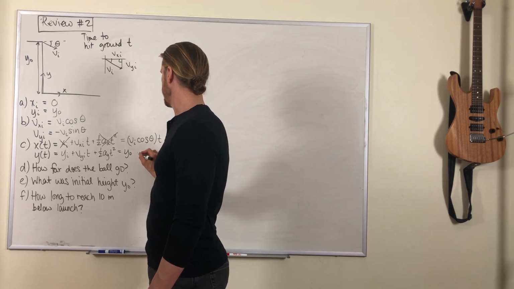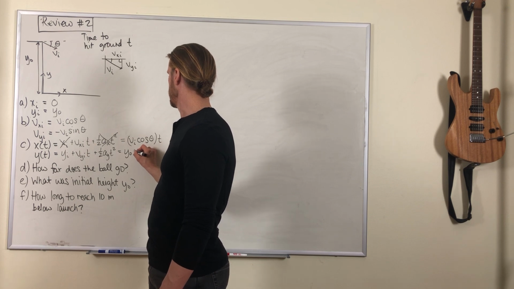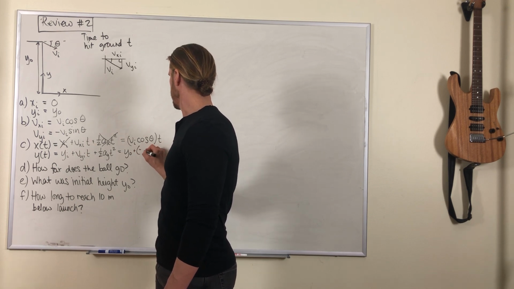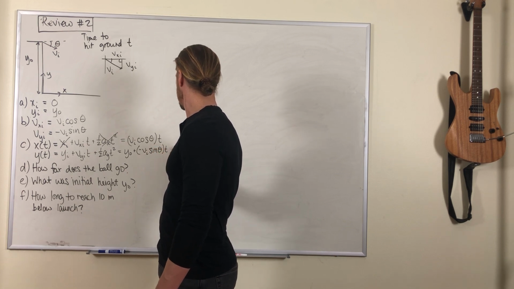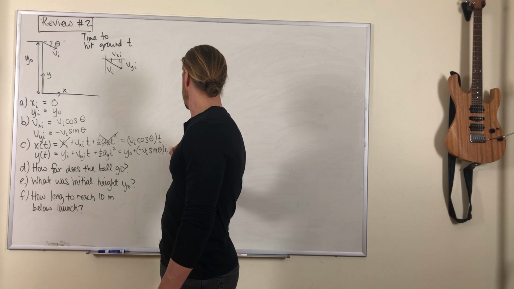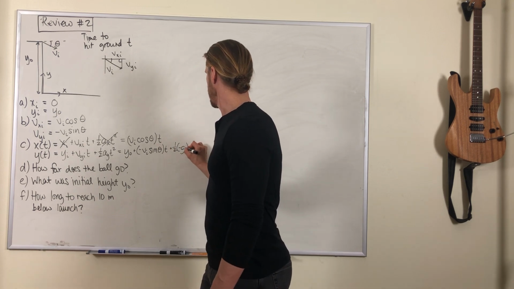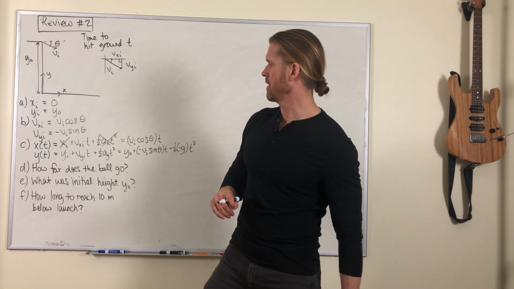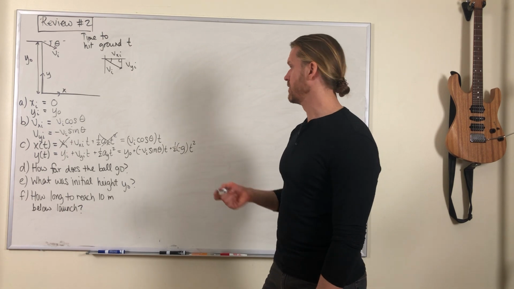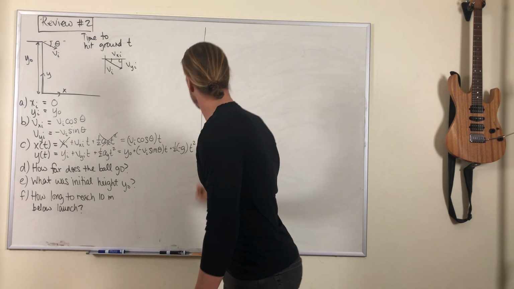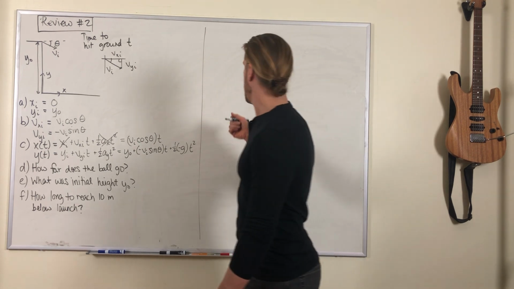Our mystery height y0, our initial y velocity Vi sine theta times t, and 1/2 negative g t squared. So the problem is set up now. Now we can answer these questions.